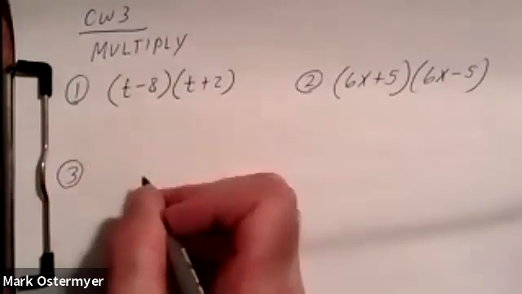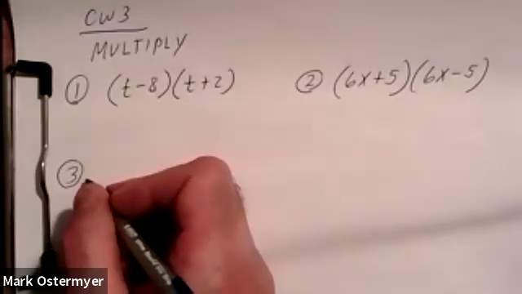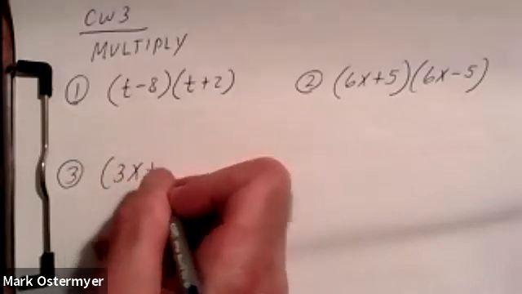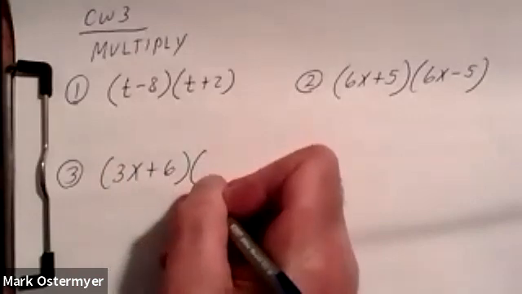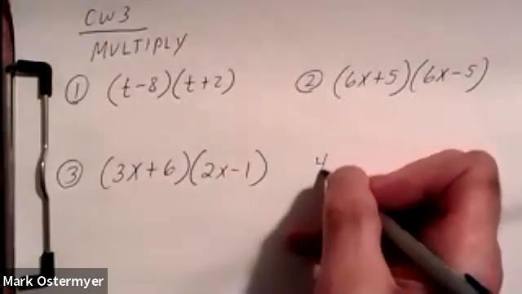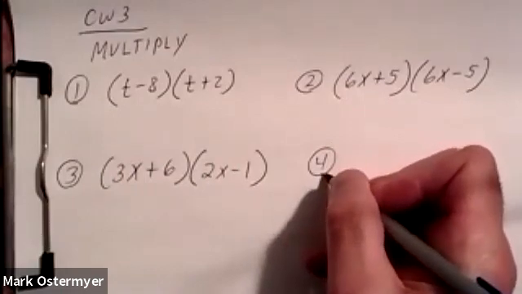Problem number 3: multiply 3x plus 6 times 2x minus 1.